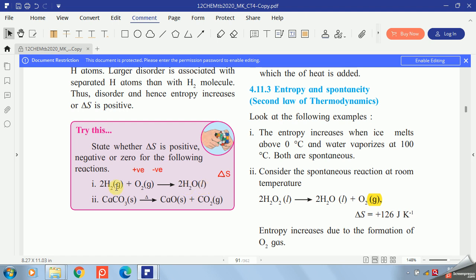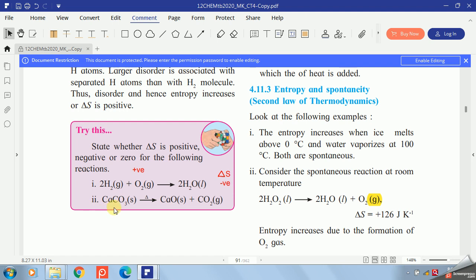If you observe the previous diagram, in the case of gases there is more disorderness, and in the case of liquid there is less disorderness. So disorderness decreases, which means entropy decreases. Here change is final minus initial, so the final has less entropy than the initial, and the change is negative for this reaction.